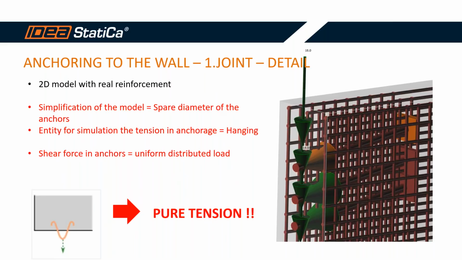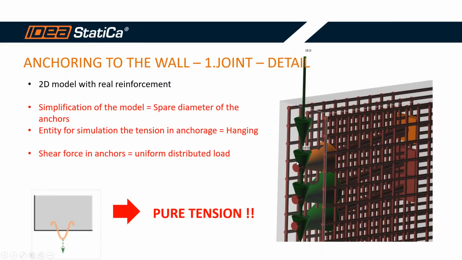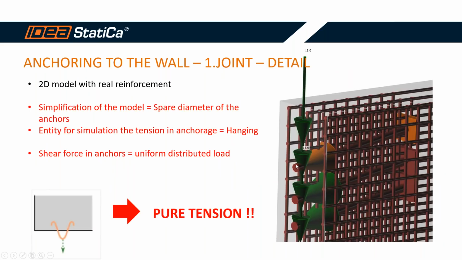And the equivalent diameter is based on equal stress in the anchors. For a better explanation, here we have an anchor diameter of 30 millimeters, and this diameter will be 42 millimeters. For the same force, we have some stress, and for this anchor, we will have the same stress.